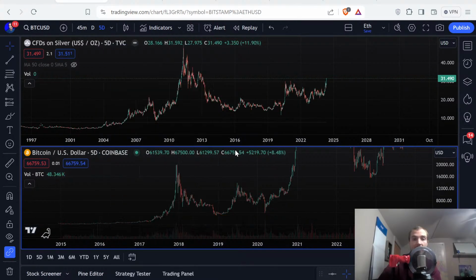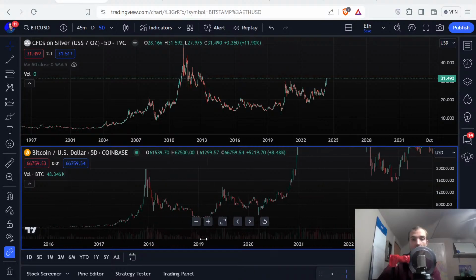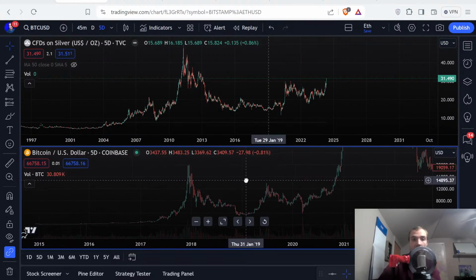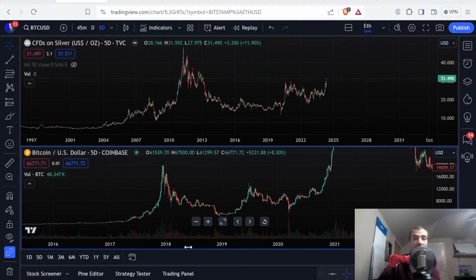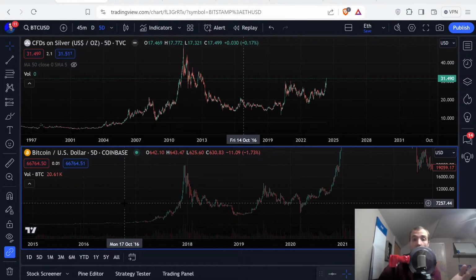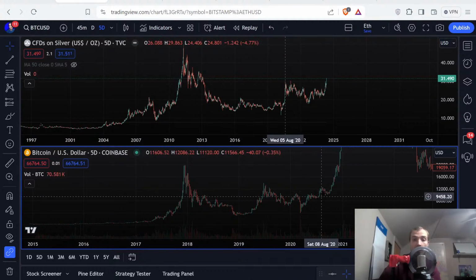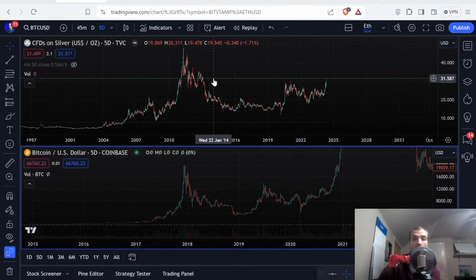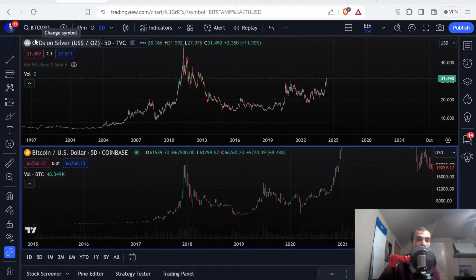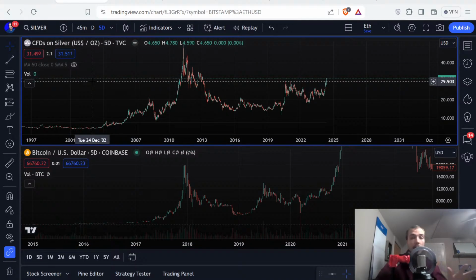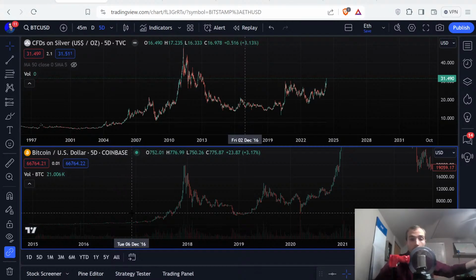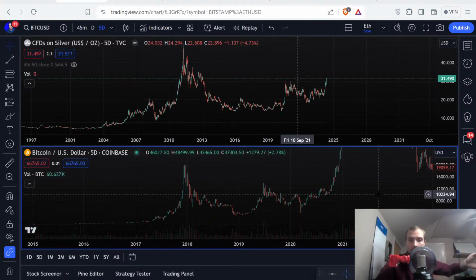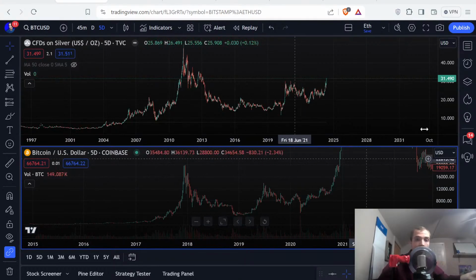But what's crazy is if you look at Bitcoin here on the bottom and silver on the top and you compare their cycles, even though Bitcoin only went from 2017 until 2021 or 2020, you can see the same human psychology took place. So the macrocosm, silver taking 24 years, and the microcosm, Bitcoin taking about 4 or 5 years.